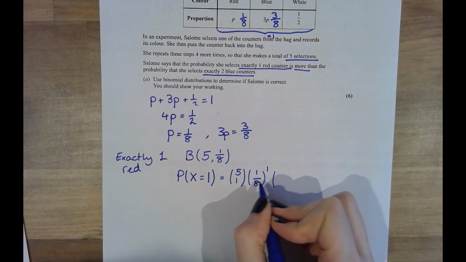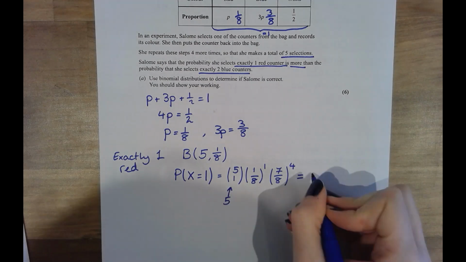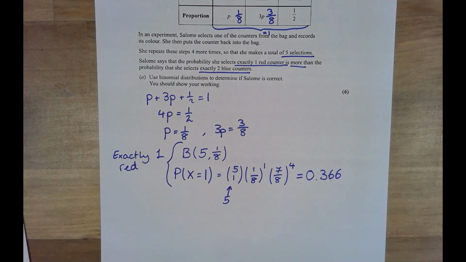So if 1 time for our success, then we have got the other 4 selections must all be a failure. 5 choose 1 will just give us 5. So 5 multiplied by 1/8 multiplied by 7/8 to the power of 4 is 0.366. So that will be our probability that she chooses exactly 1.